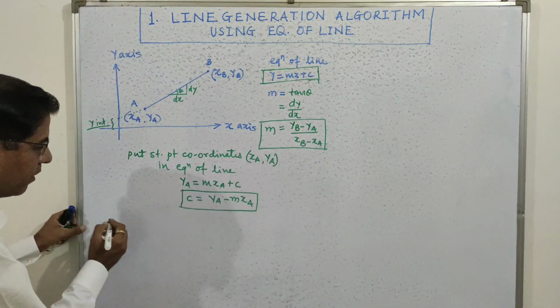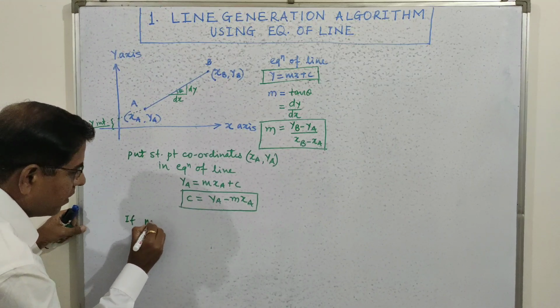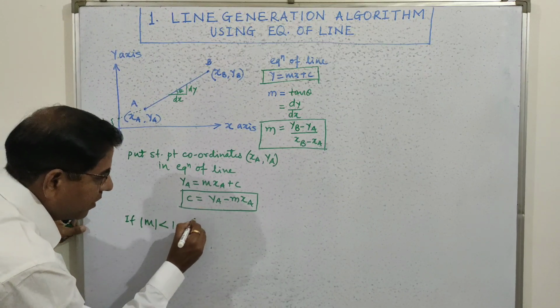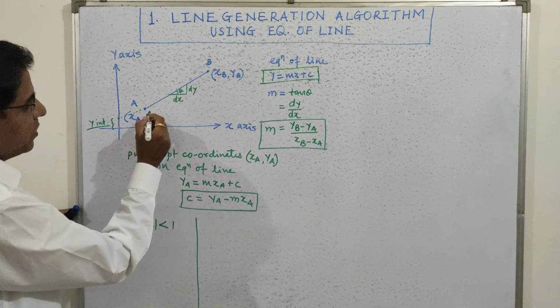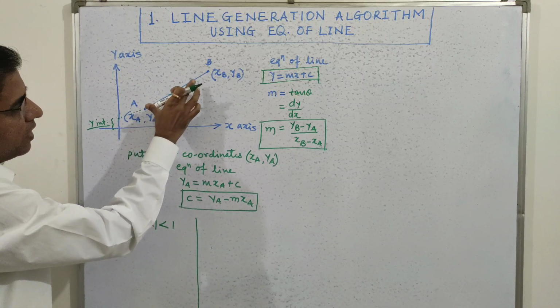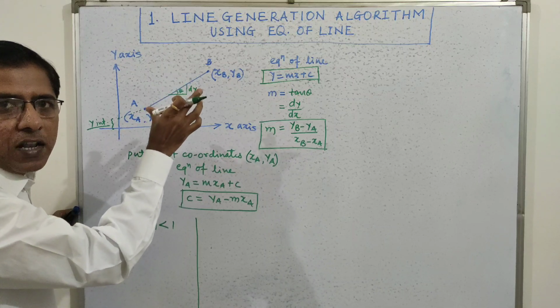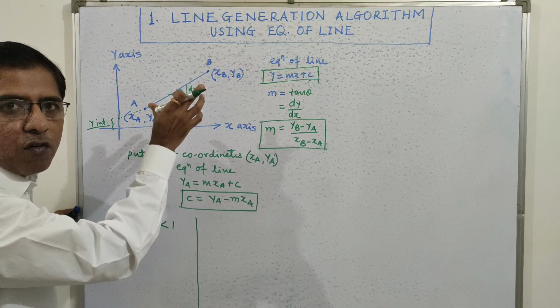So what was the logic? If the slope of line, mod of m, is less than 1, it tends towards the horizontal line, meaning the value of x is changing very fast as compared to the value of y.